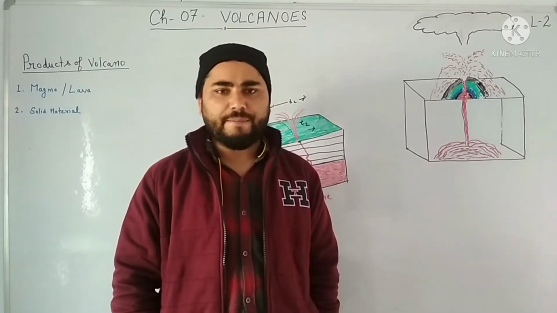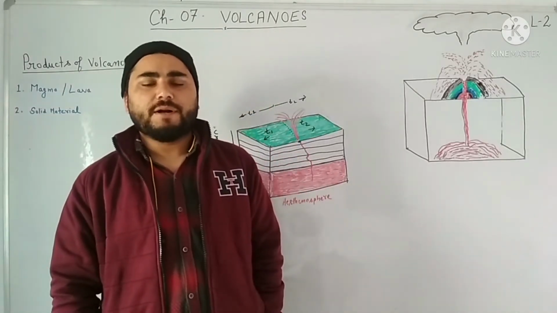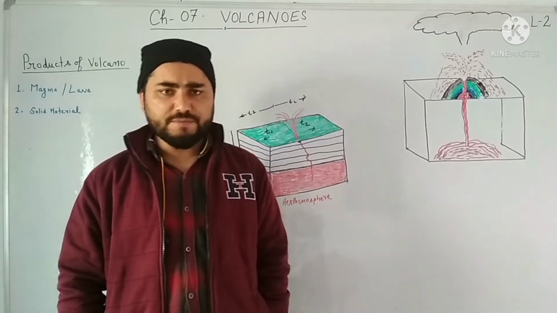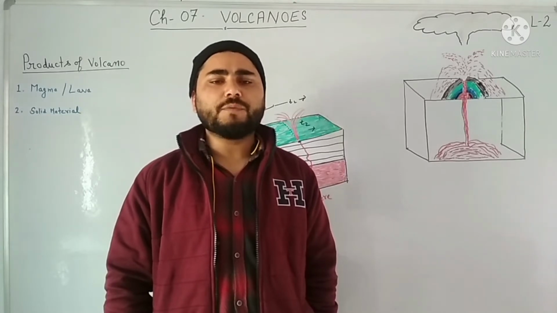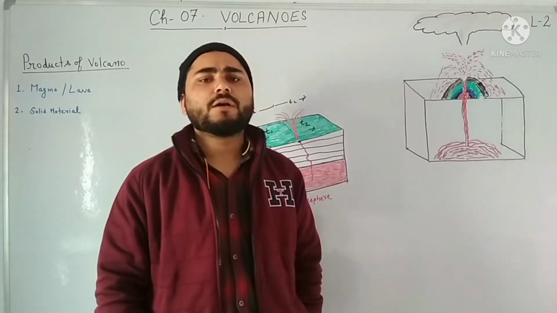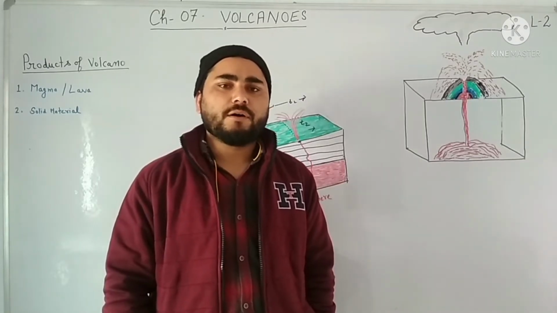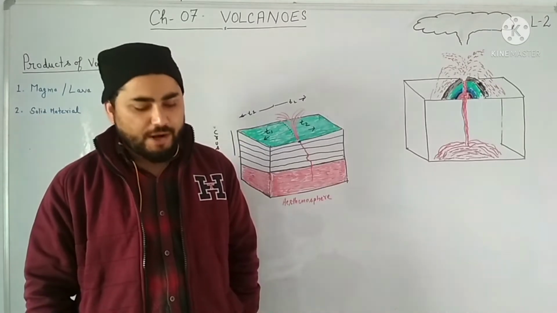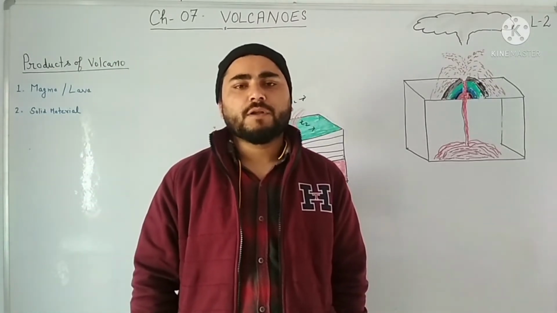So lava and magma are the same thing, but these molten rocks below the earth surface are called magma, and on the earth surface when they come out are called lava. So that thing we get whenever the volcano erupts, and apart from that we get some solid material also.